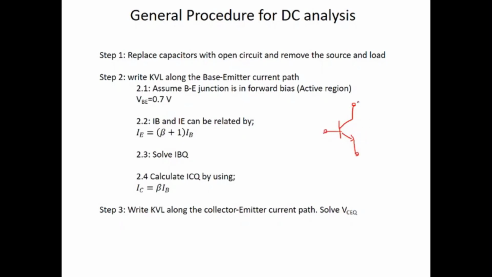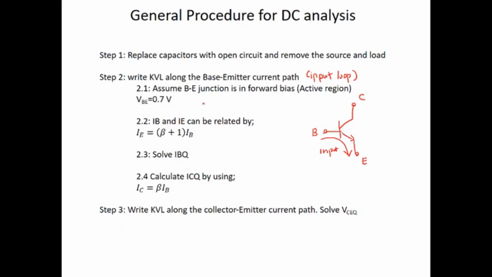So this is NPN, this is collector, this is base, and this is emitter. The first KVL is along the base emitter current path. We can call it the input loop.